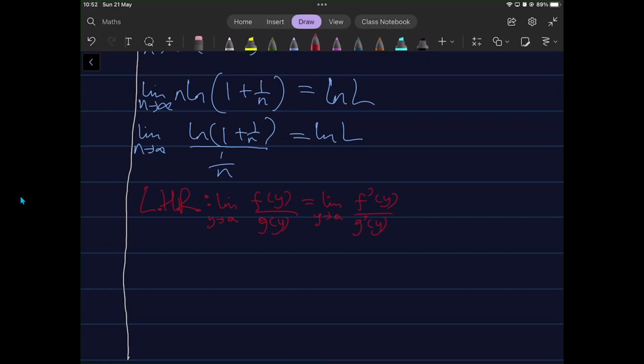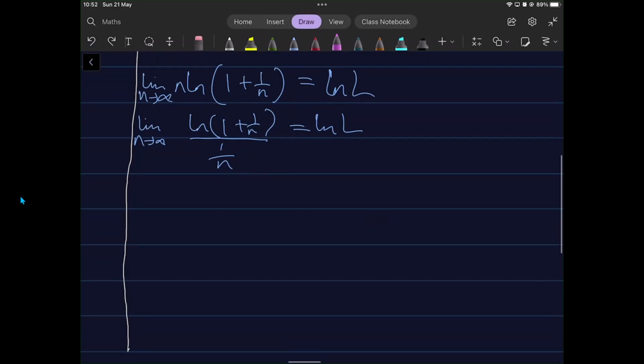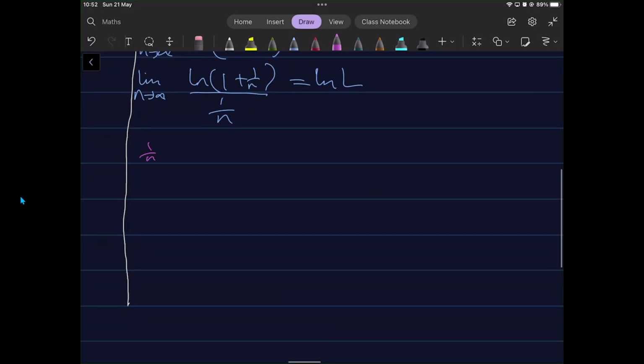So all we need to do is find the derivative of the top and of the bottom and divide them by each other. I'll just rub this out, we don't need this anymore. So the derivative of the bottom, 1 over n, let's work that out quickly. d over dn of 1 over n is just equal to negative 1 over n squared. Cool, we got that.